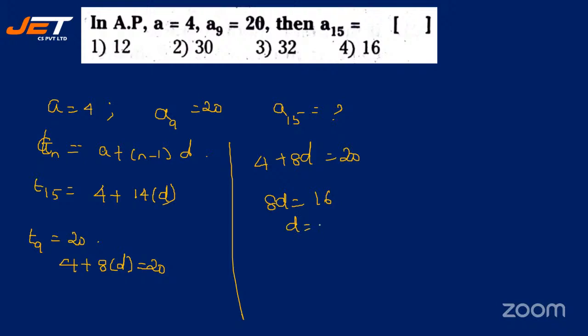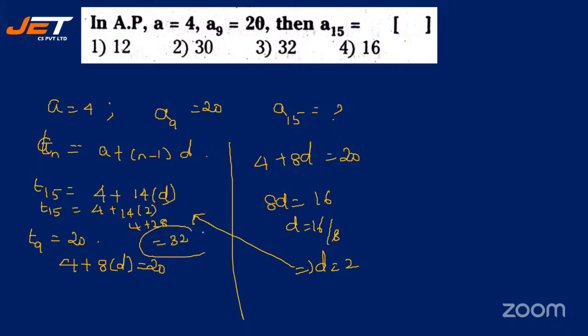So now you can just substitute here A plus n minus 1 into D. So 4 plus 28. 2 4s are 8, 2 1s are 2. So your answer must be 32. That is option 3. So if you had got 32 as your answer, then your answer is right. All right.